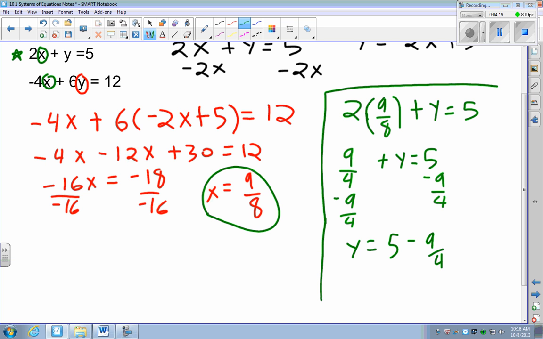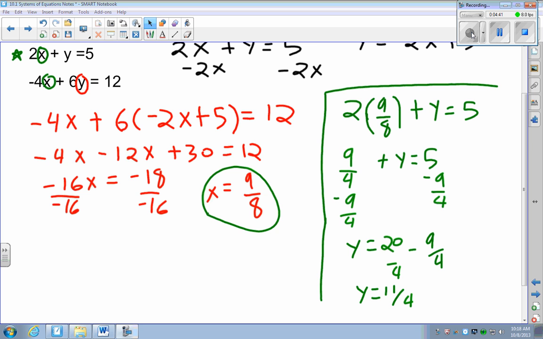Now we can't subtract them yet, right, because 5 doesn't have a common denominator. So if we do this, we have to change the 5 to a 20 over 4, because 20 divided by 4 is just 5. And so we'll get that y is equal to 11 over 4. So those are our two answers.